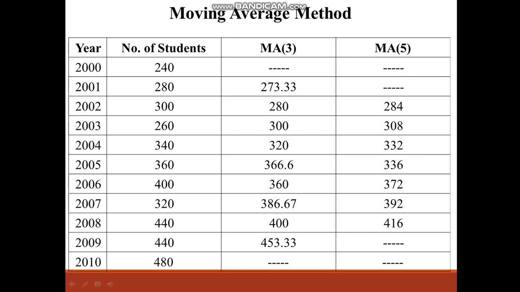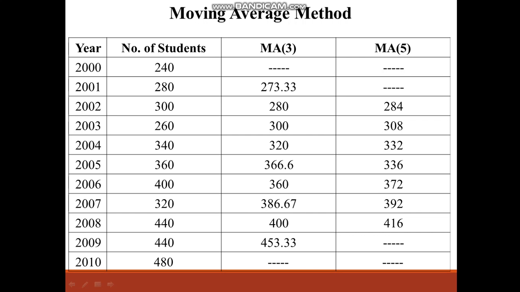Here we make a table that contains these 4 columns. The first and second columns are given. The third column is the moving average of order 3.